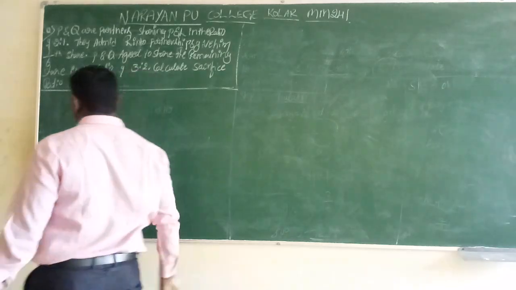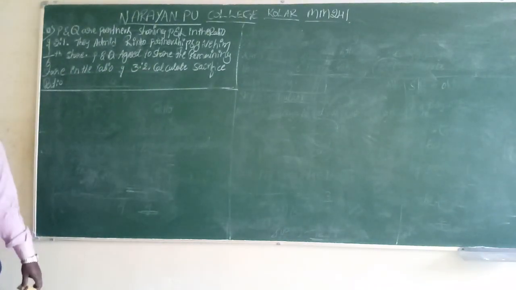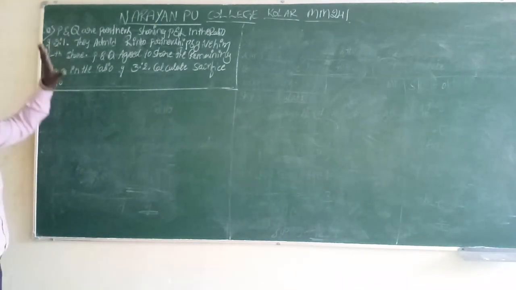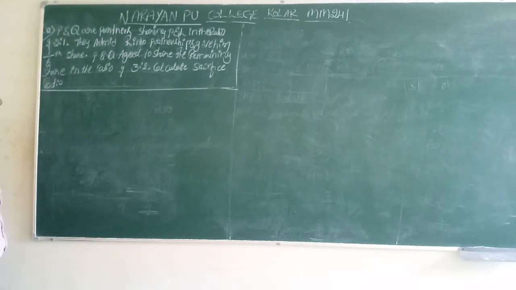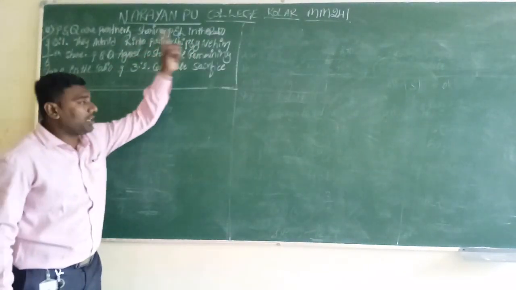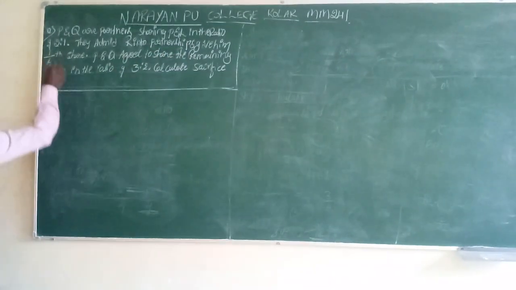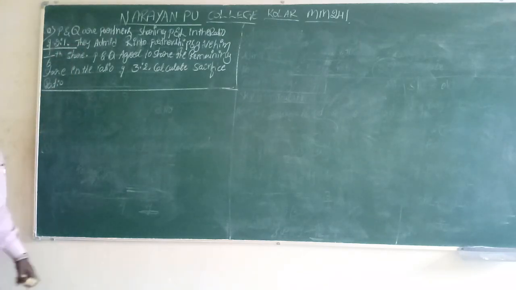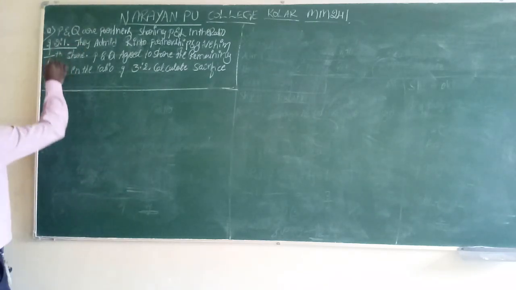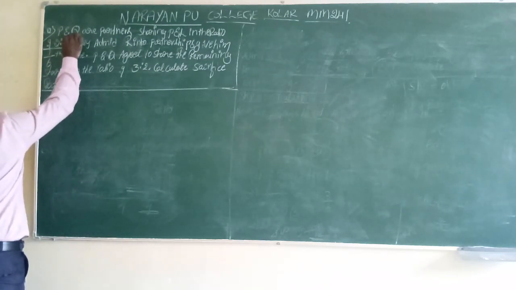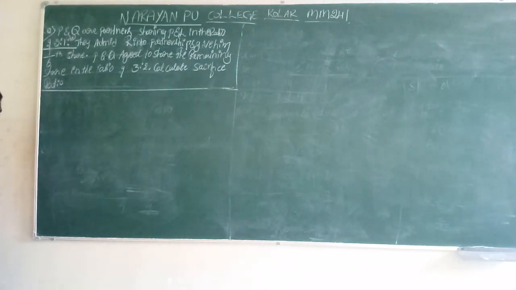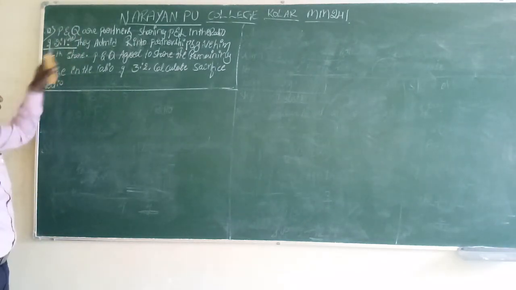This is the exact question which is available in our textbook. So here, first we have to read the question and clarify what things are given. P and Q are partners sharing profit and losses in the ratio of 2:1. That is the old ratio, 2/3, 1/3.